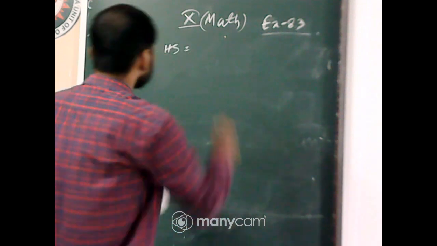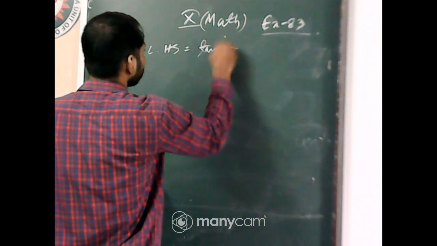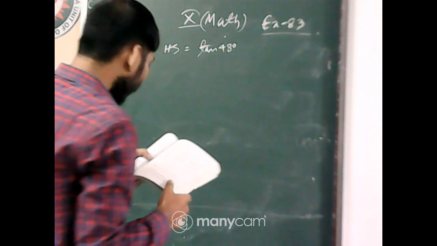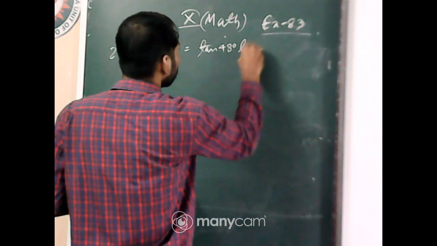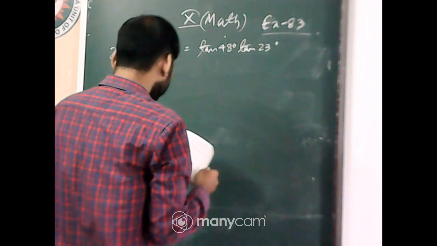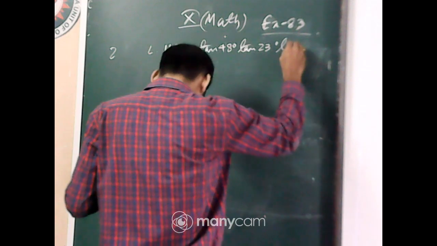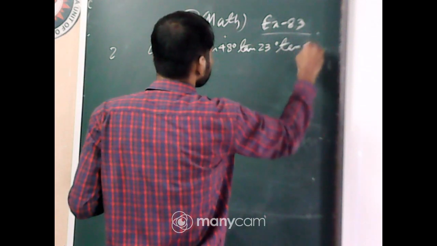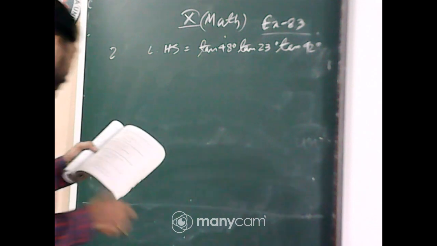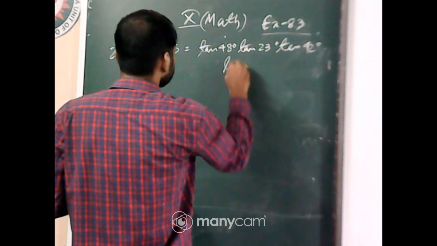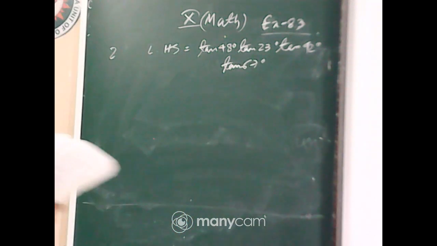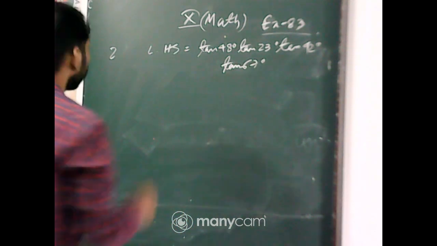So LHS, tan 48 degree, tan 23 degree, tan 42 degree, tan 48 degree into tan 23 degree, tan 42 degree into tan 67 degree. You have to show that it is equals to 1, okay?